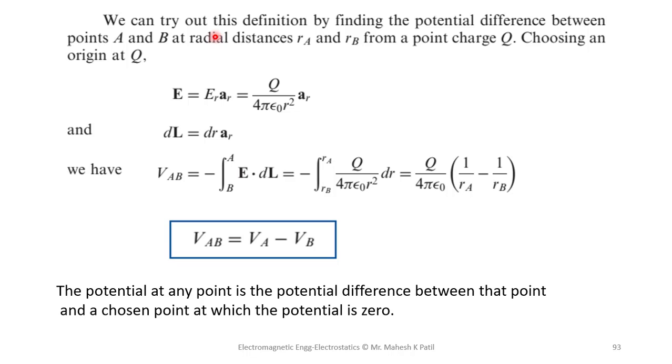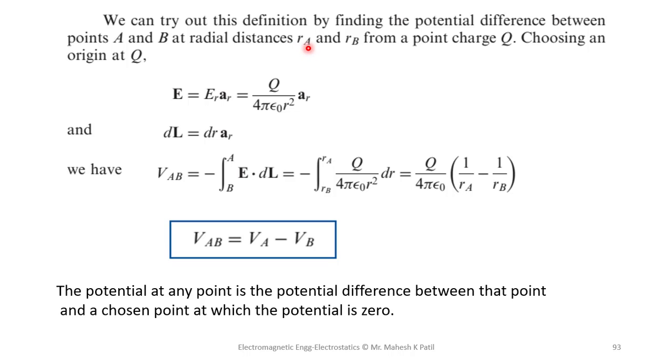Now we will try to write the equation of potential difference considering the electric field intensity and the differential length. So we can try out this definition by finding the potential difference between point A and point B at radial distances.